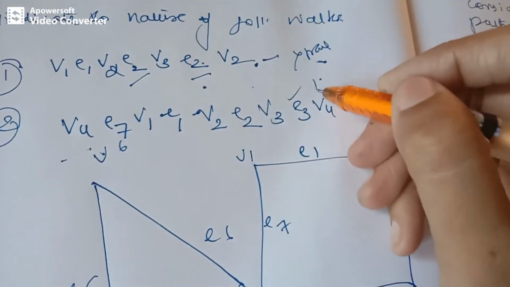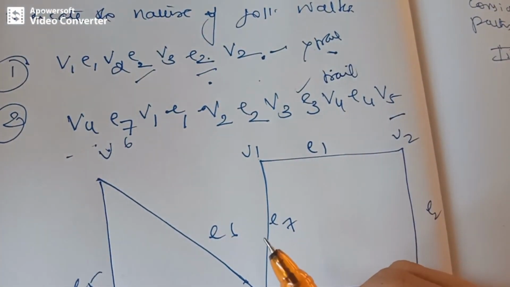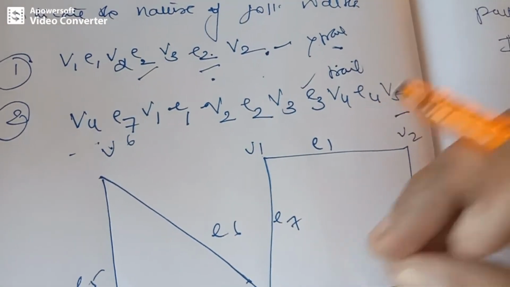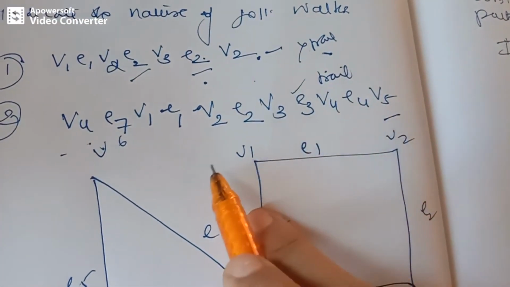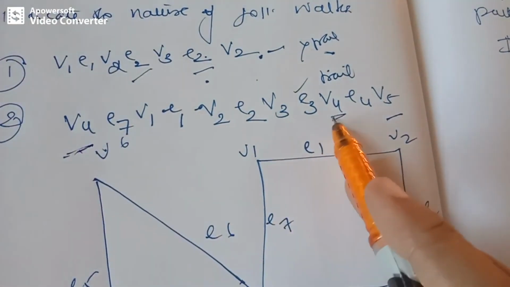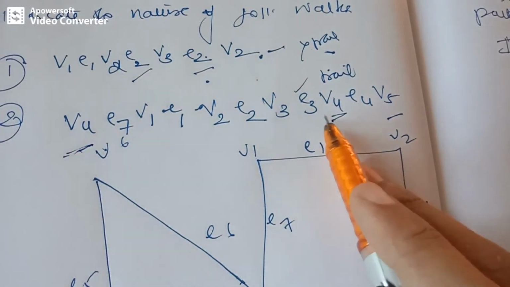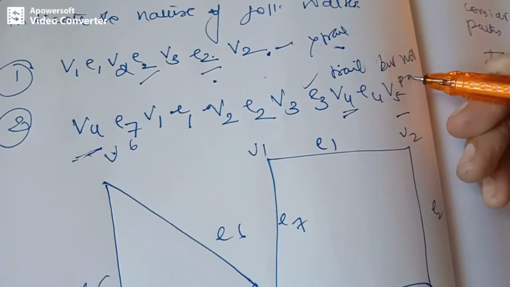But can you check whether it is a path? A path is a trail in which no vertex appears more than once, but here you can observe that vertices are repeated. Therefore it is a trail, but it is not a path.